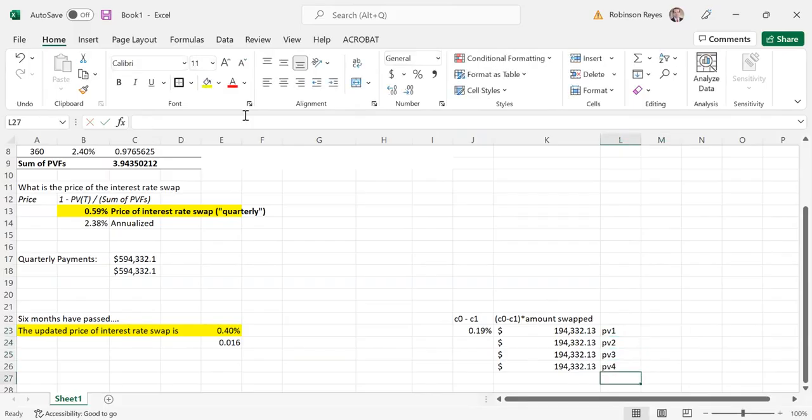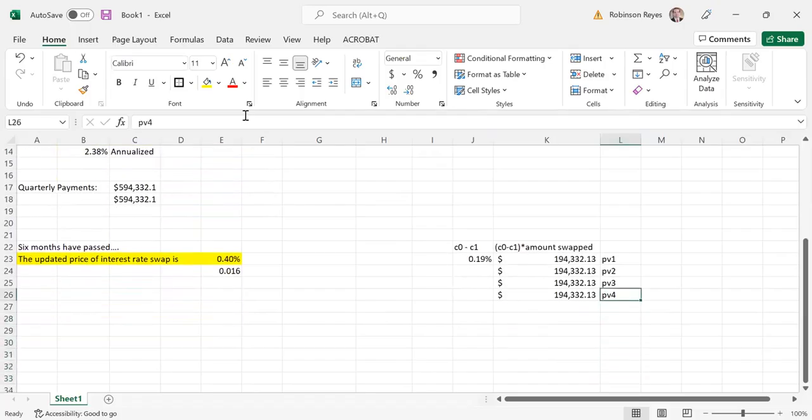Now, one interesting thing is, rather than doing this multiplied by PV1, then this PV2, then we would add all of them up, and we would get the solution. Rather than doing that, because this is a fixed amount, we can do exactly the same we did before.